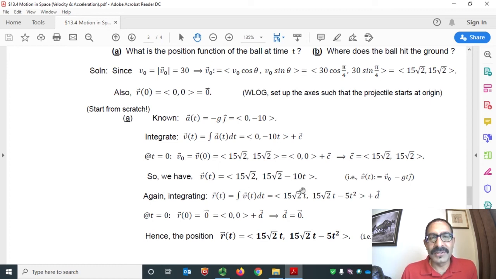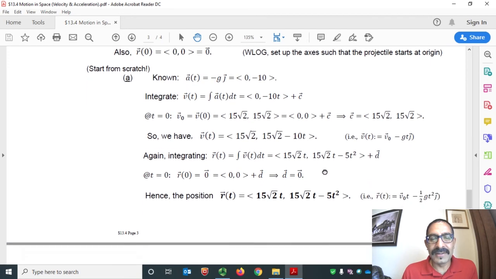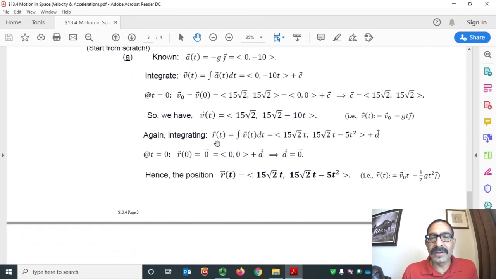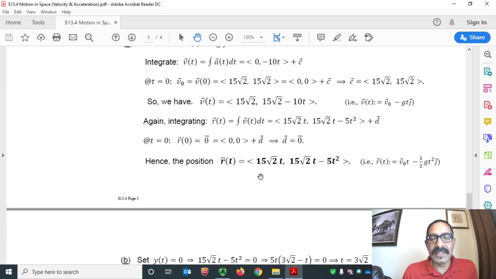I hope this makes sense to you all. Again, let's integrate the velocity. Then this gives us the position vector r of t. Then find the value of this constant vector d. Hence our position function is r of t equals the vector with components 15 radical 2 t, 15 radical 2 t minus 5t squared. I hope this makes sense to you all.